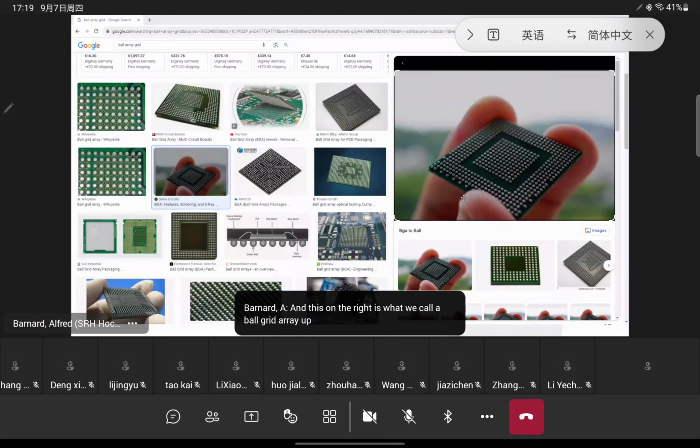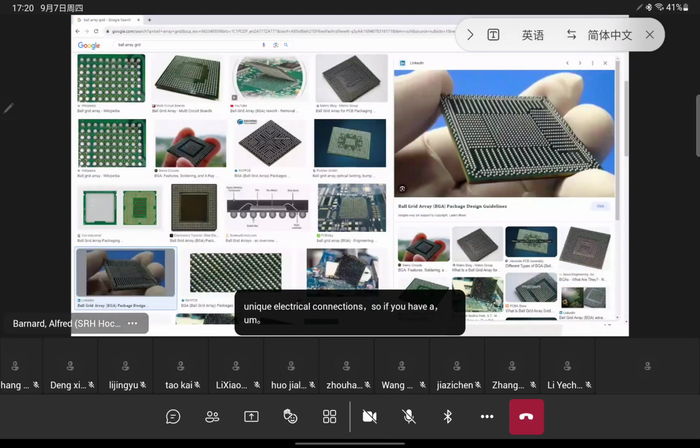Up here, you will see that it is connected to this. So all of these connections are unique electrical connections. If you have a microcontroller or a processor in this case, all of those connections connect to something internally, and you might need access to those on your PCB.